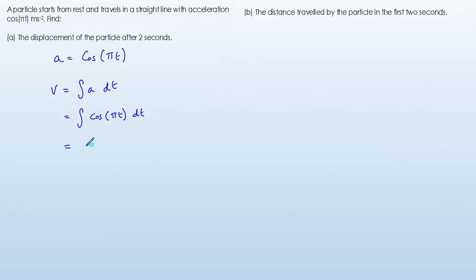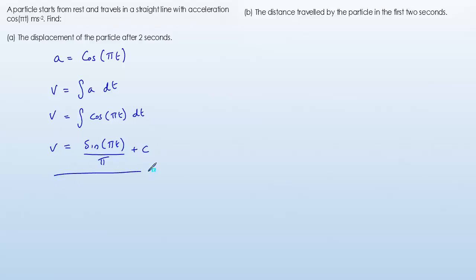Now, if we refer to our trigonometric cycle, cos integrates to sine. The argument doesn't change, so it's going to be pi t, but this is a case where the inside function differentiates to a constant, so we're going to use reverse chain. We need to divide that by pi and add the constant.